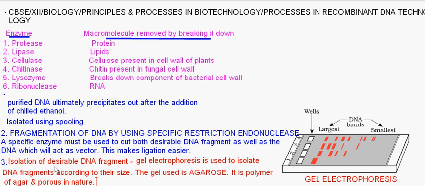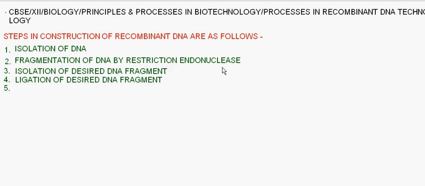Now coming to the method. DNA is negatively charged due to the presence of phosphate, that is PO4 minus, due to phosphate bonds.